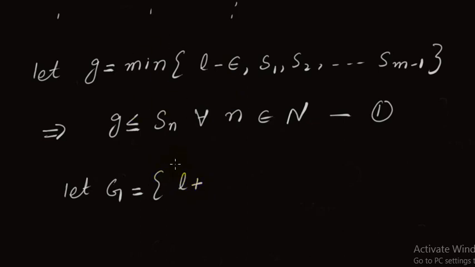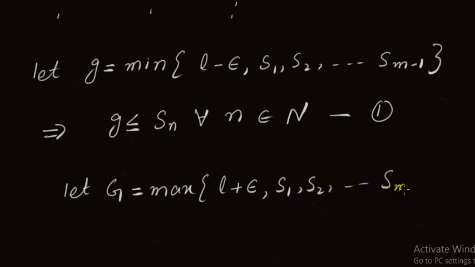This is capital G equal to the maximum of the terms L plus epsilon. I just replace L minus epsilon by L plus epsilon, and the rest of the terms remain the same, that is S1, S2, and so on up to Sm minus 1.